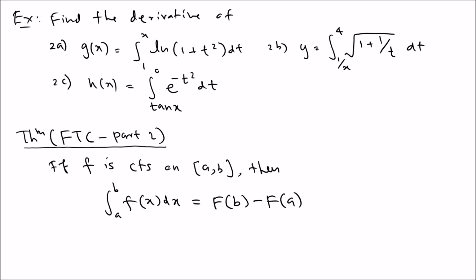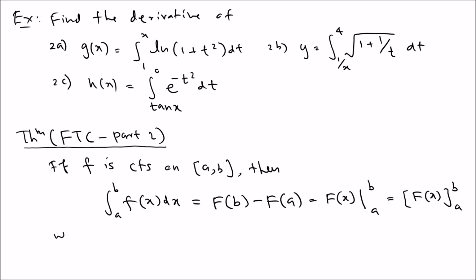We write this as F(x) evaluated from a to b, or sometimes, if it is a long expression, we put a bracket. We can use any notation depending on how complicated it is. Everything is the same.